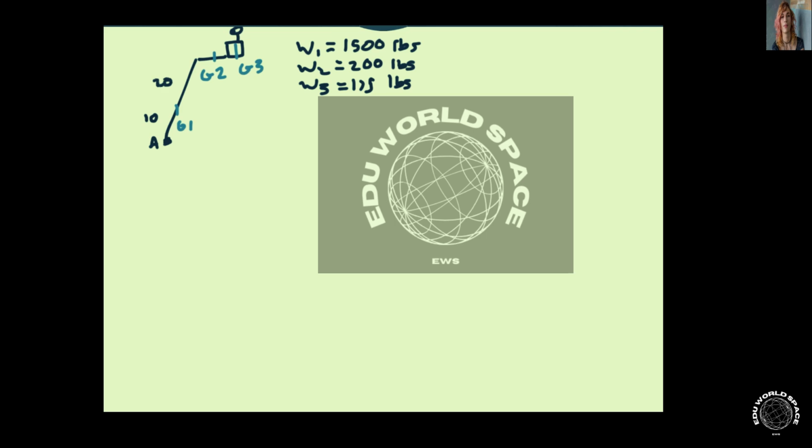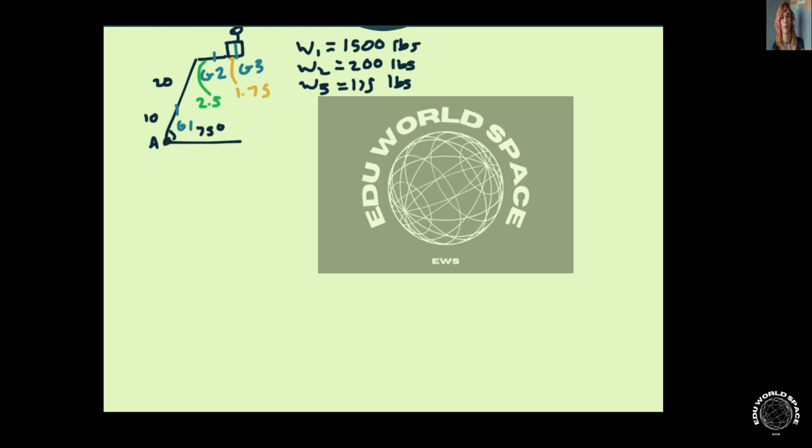This length is 20 feet. This segment here is 2.5 feet. And the width of this basket is 1.75 feet. And we know that the boom forms a 75-degree angle with the x-axis, or parallel to the ground.